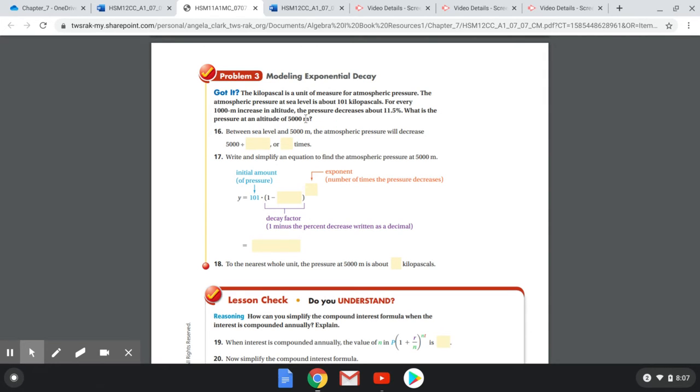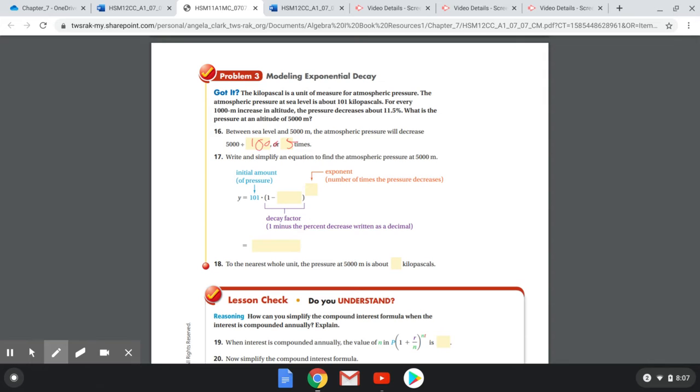So we go up 1,000 meters, it decreases. Go up to 2,000 meters, it's decreased one more time, so it's decreased twice. If we go up to 3,000 meters, it's decreased 3 times. If we go up to 4,000 meters, it's decreased 4 times, and so on. So we're doing 5,000 divided by 1,000, which is 5. I apologize for my handwriting.